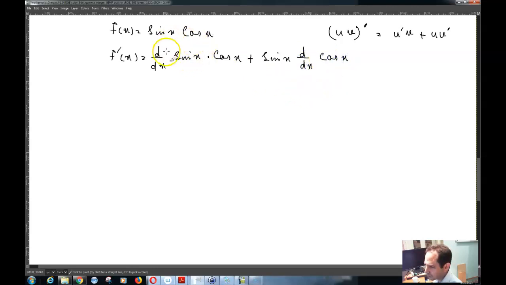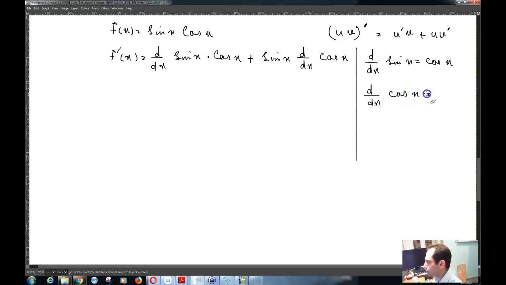Now the derivative of sine x is equal to cos x, so d by dx of sine x is equal to cos x, and d by dx of cos x is equal to negative sine x.